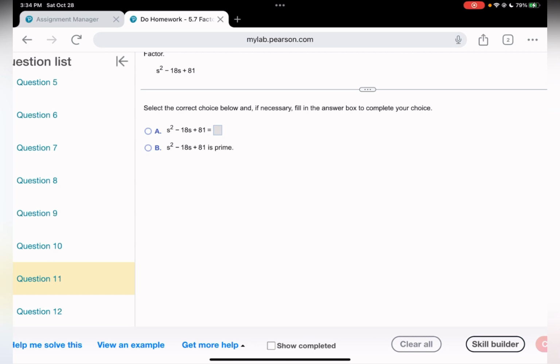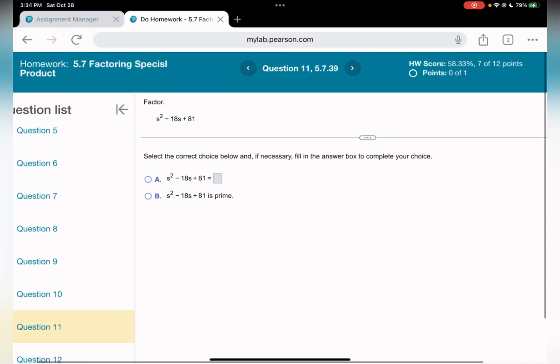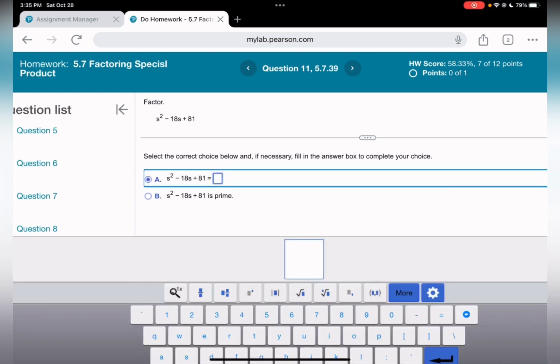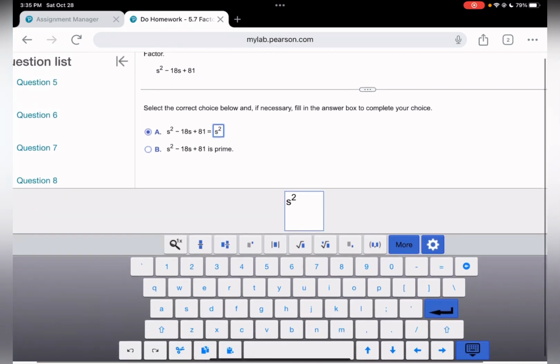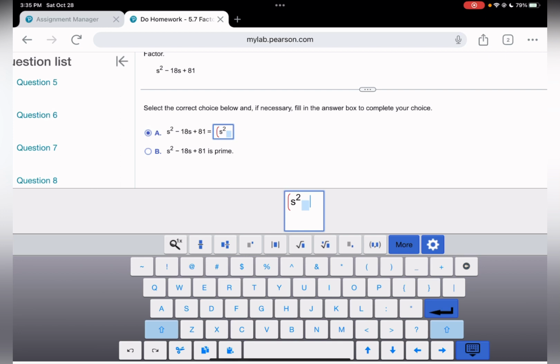Number 11. How are we going to solve number 11? This is pretty straightforward. It's a perfect square. It's going to be s minus 9 squared, because s squared is s to power 2. Let me put parentheses here. 81 is 9, and I put minus because in the middle I have minus.